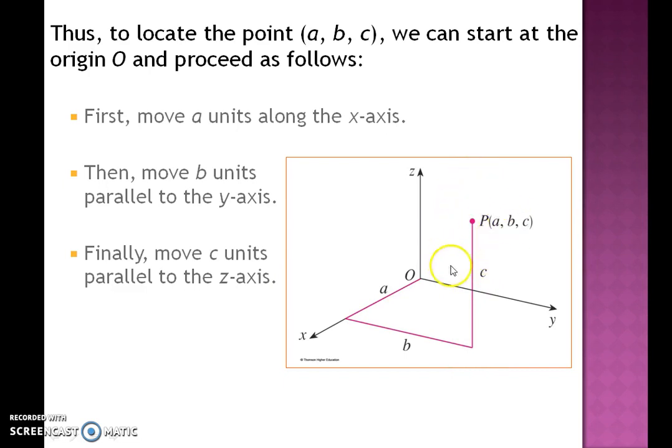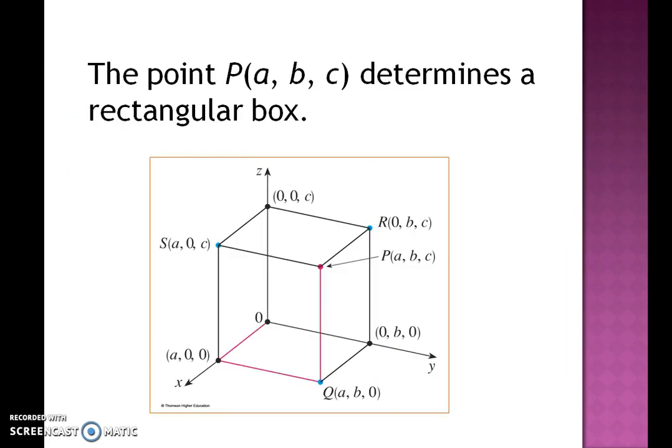Wherever you end up, that final point is known as the point P, which has the coordinates A, B and C. If you locate this point P, you can easily locate the points Q, R, S. How do we locate these points Q, R, S now?